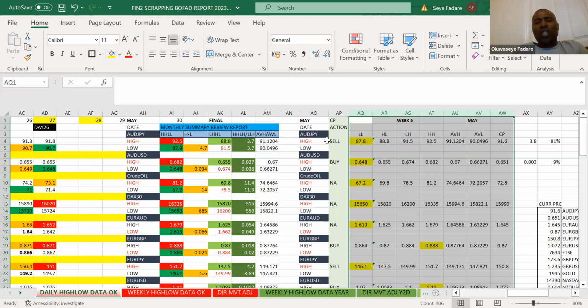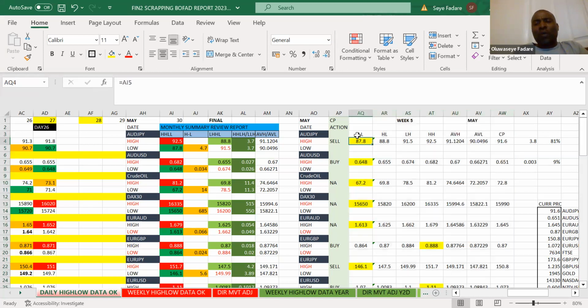So anytime we're updating the report, it updates itself into this position. So this is our lowest for the period, which is our low. So anytime we have a low it means it's the lowest of the low, and anytime it has the HL it shows that it has the highest of the high.